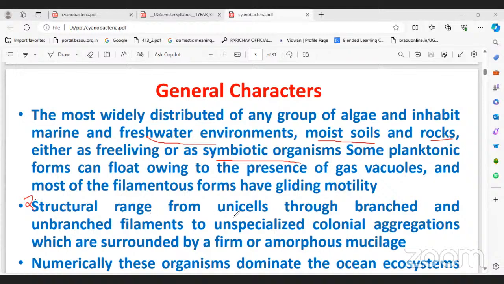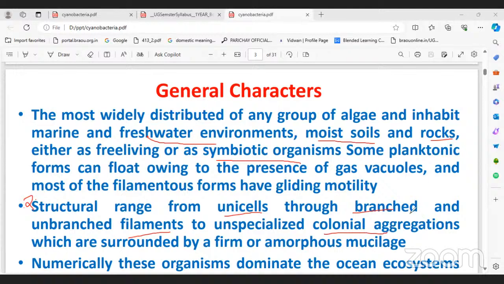The structural range from unicell through unbranched filamentous, branched filamentous, and also unspecialized colonial aggregation, colonial but not clear, like Volvox. Unicells are present in cyanobacteria, and unbranched and branched filamentous forms are present.